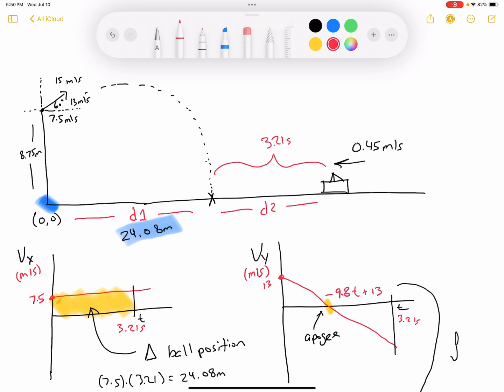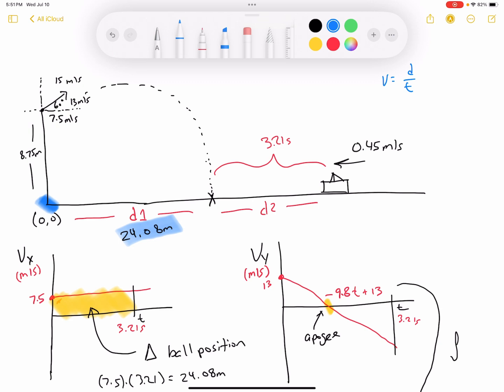And we know he's going 0.45 meters per second. So I basically have a time, and I have a velocity. And what am I looking for? Distance. So if you remember, velocity is equal to distance over time, but I'm looking for distance.